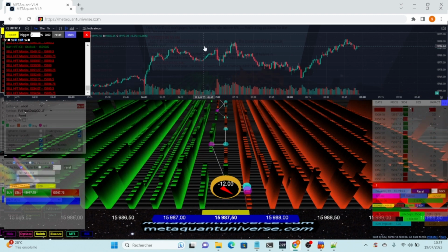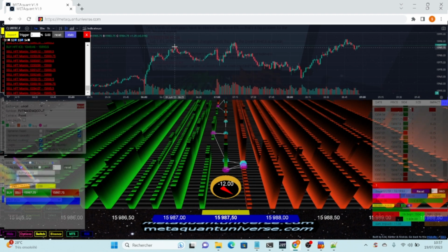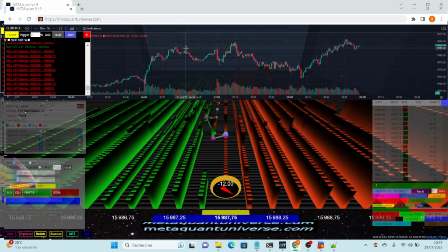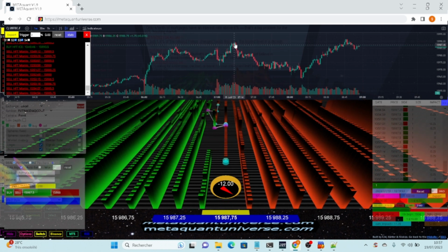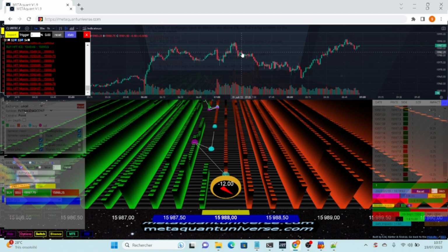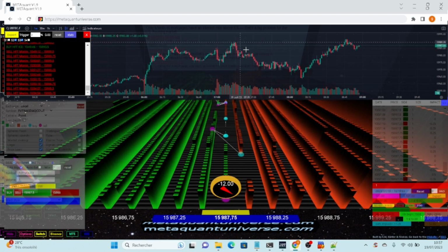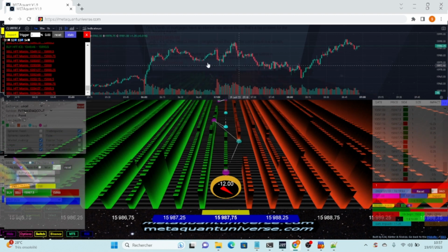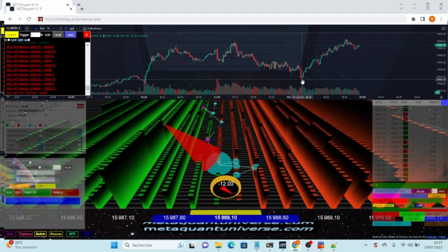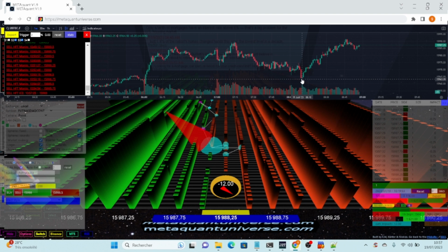As you can see here, we have a resistance. One contact, two contacts, resistance. Up, the price is pushed just above this price area, and we pull back inside the existing range. The pullback here was very deep, as you can see.